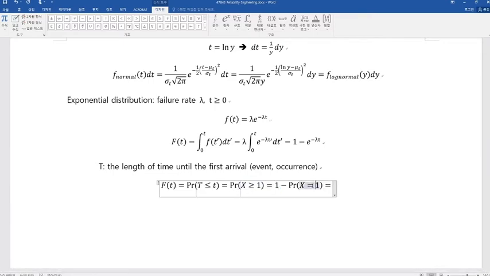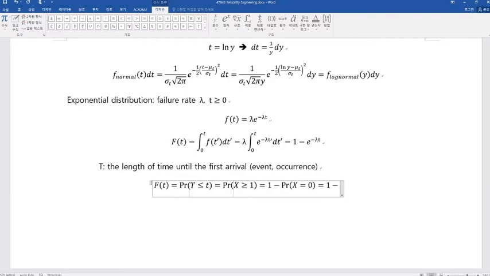So it is the same as 1 minus the probability that no such event occurred. So the probability that at least one event occurred is the same as 1 minus the probability of no such event occurred. And this is because if we add this probability and this one, then the result will be 1, because the sum of all the probabilities should always be 1.